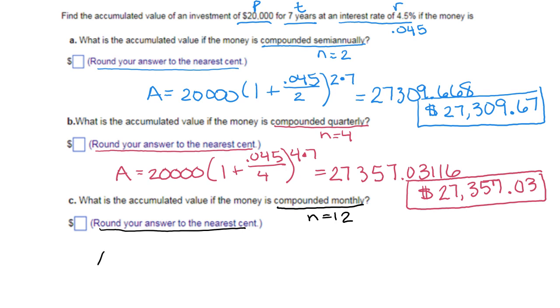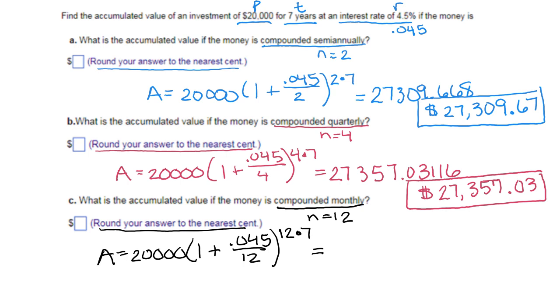And we have our future value equal to 20,000 times 1 plus the same interest rate divided by 12. Close that parentheses, and now it's raised to the 12 times 7.